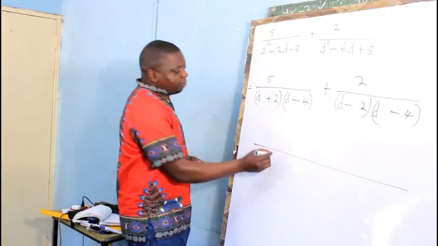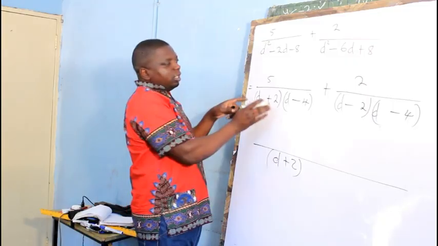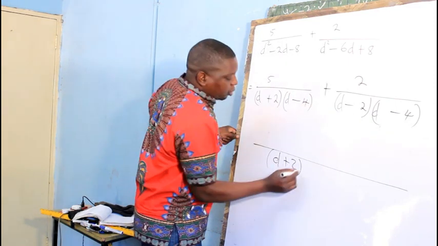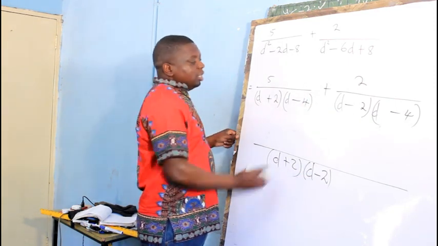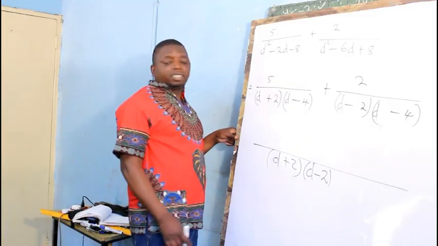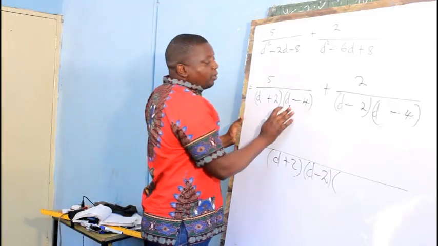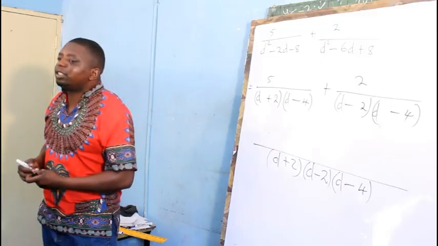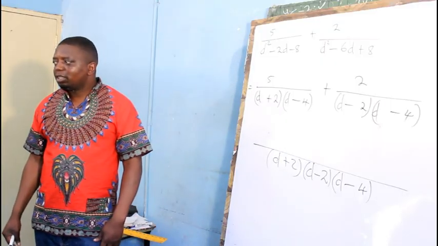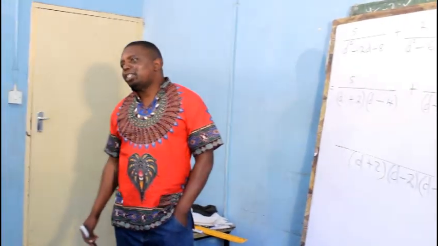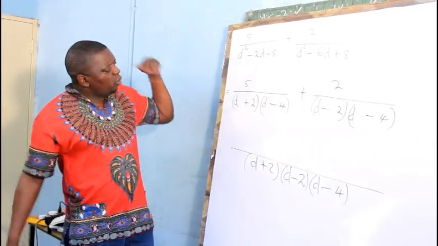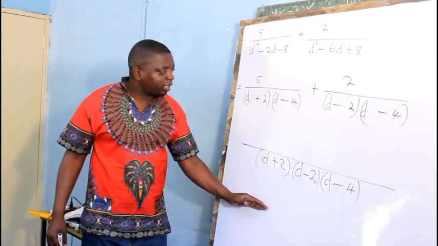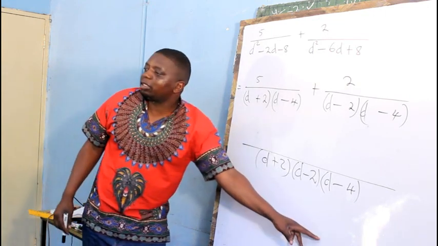We take d plus 2, which appears once, d minus 2, which appears once, and d minus 4, which appears once. So we have the lowest common denominator, the LCD. We now divide each denominator into the common denominator. D plus 2 and d plus 2 cancel, d minus 4 and d minus 4 cancel, and we are left with the rest.